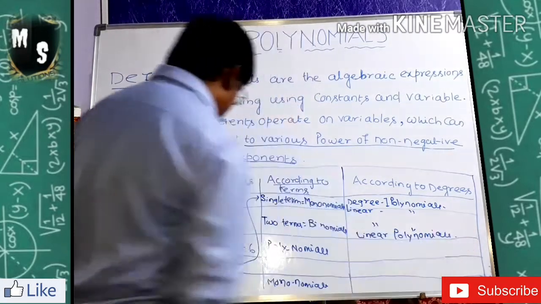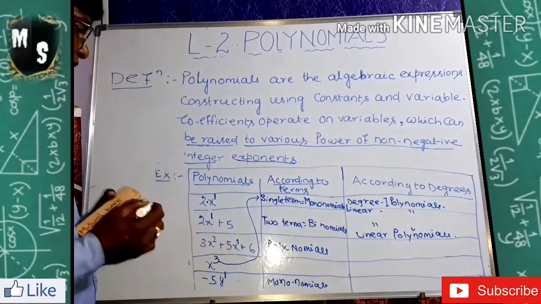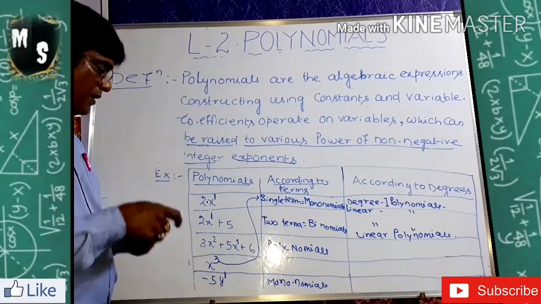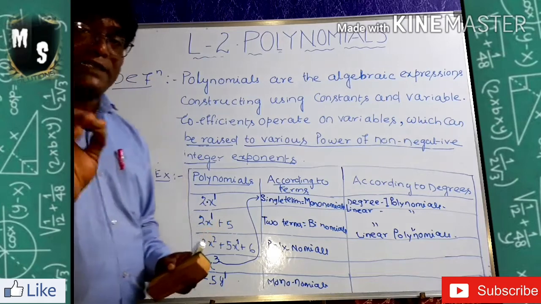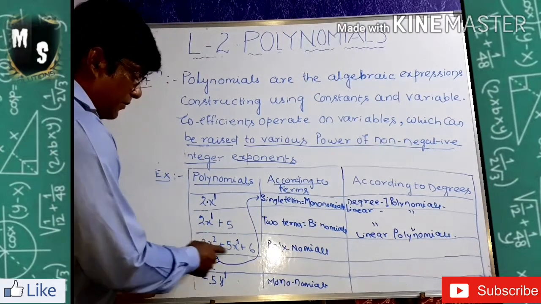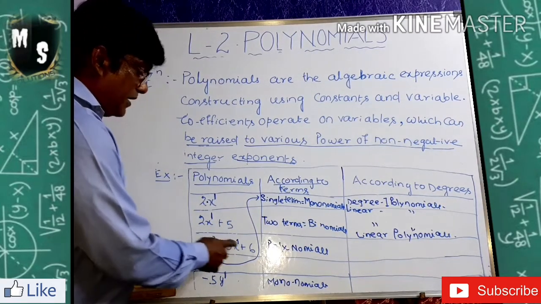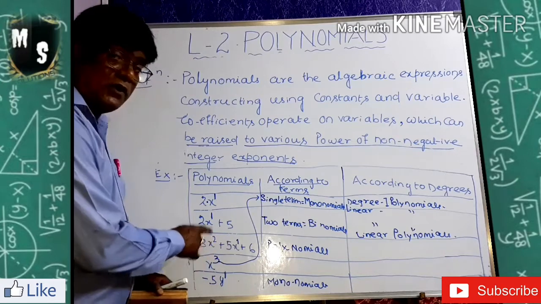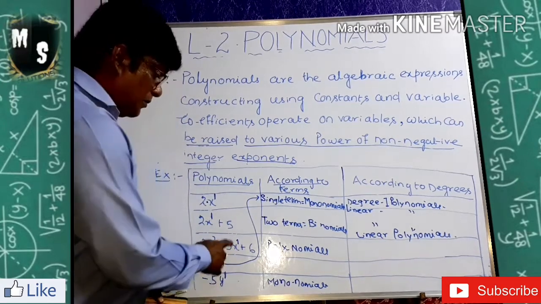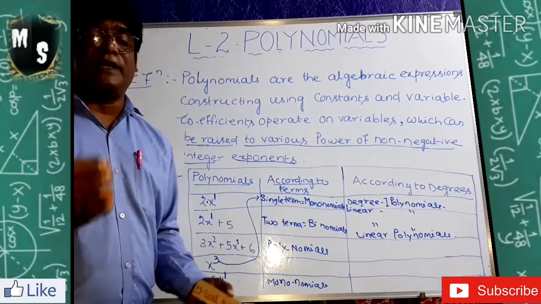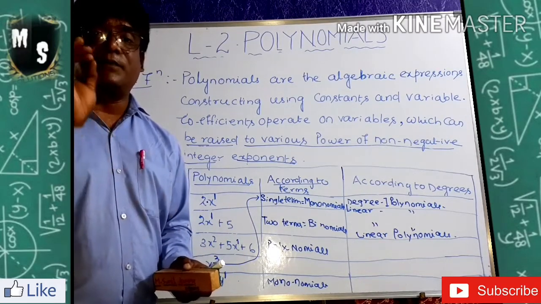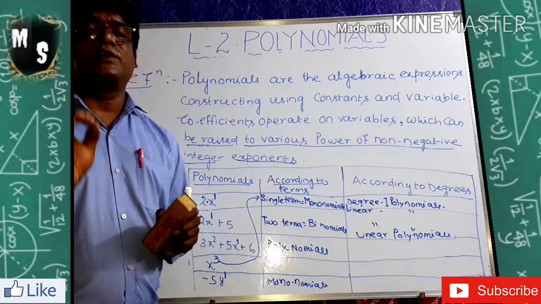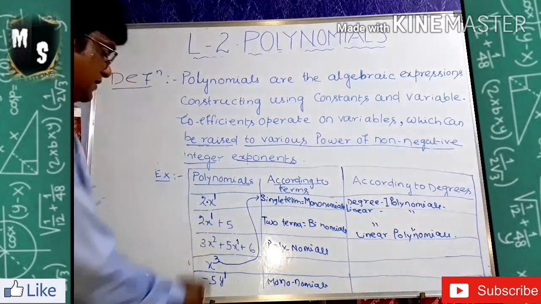Linear polynomials. Now you see here three terms are there. It is a polynomial. Then you will ask me one thing: sir, here the variable is x, but there are different powers. x to the power 2 is available and x to the power 1 is available. Which one to take? The highest power. In my last video I said highest power, highest degree must be considered. The highest degree is 2 here.